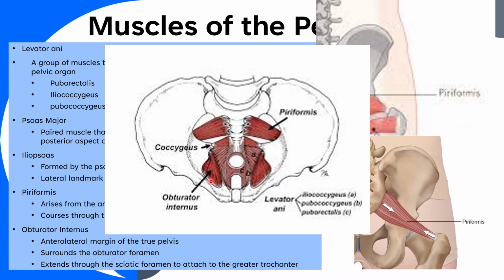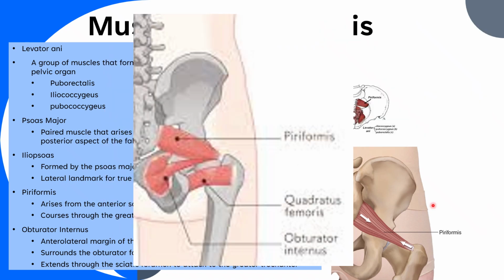And then again it goes through the sciatic foramen, this time to the backside. So we have the sciatic notch, and then we have the sciatic foramen. This one comes in through the sciatic foramen, and we are going to see it on the other side coming out here. So there's that sciatic foramen. This is our obturator internus muscle wrapping around into the greater trochanter along with the piriformis muscle.